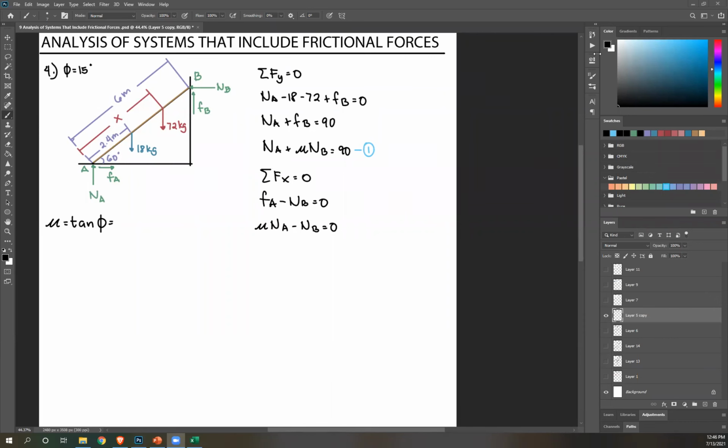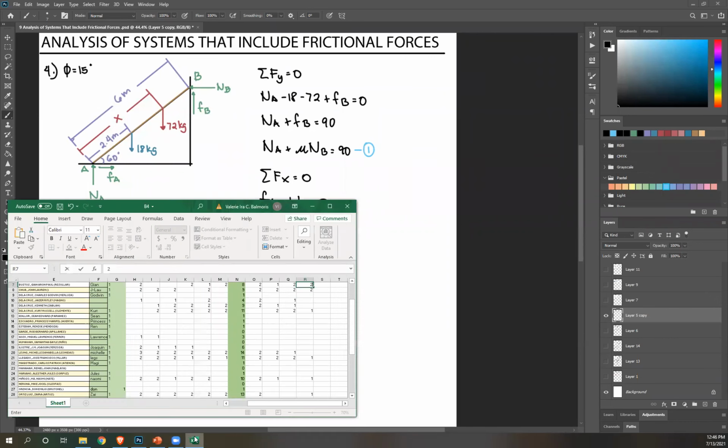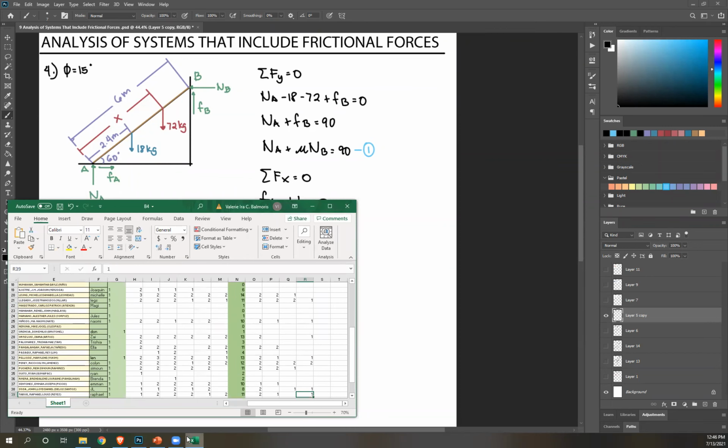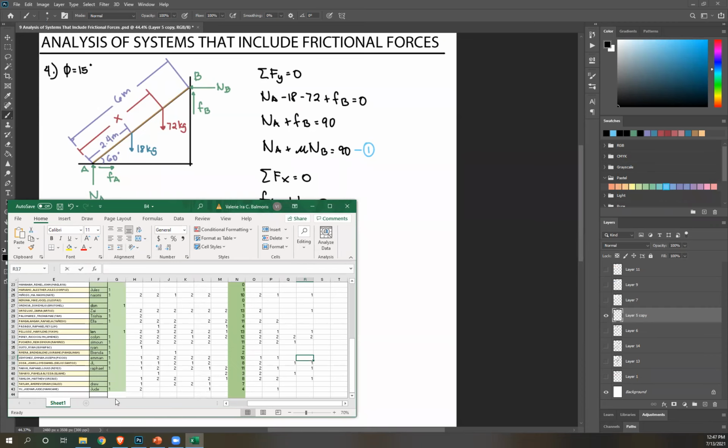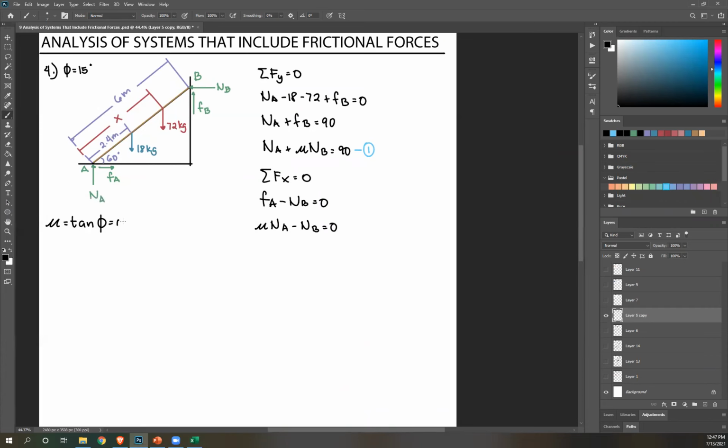Correct. 0.27. Okay? And then just store that in your calculator for future use.